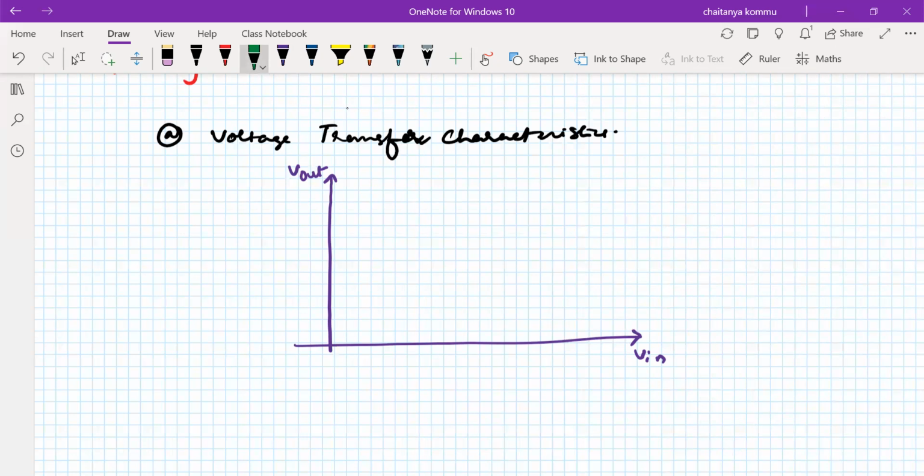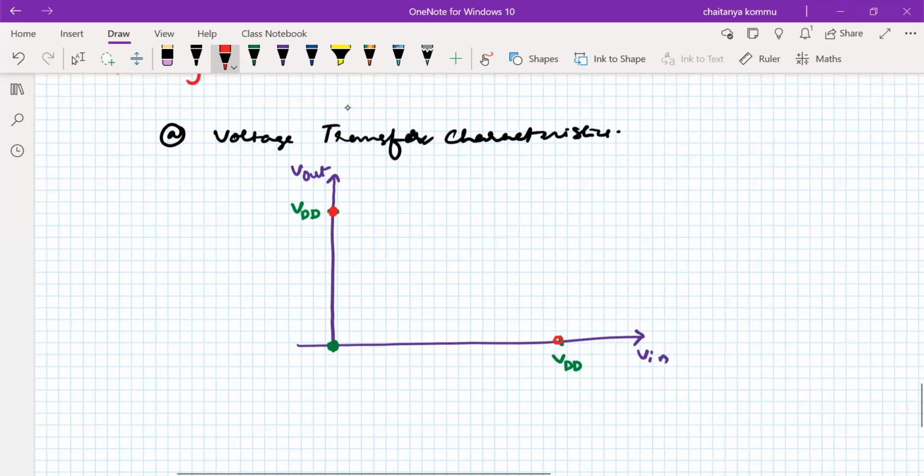As we know, when the input voltage is 0 volts, or logic 0, this value becomes VDD. That's what we calculated. When VIN is equal to VDD, the highest voltage that we apply, this value becomes 0.